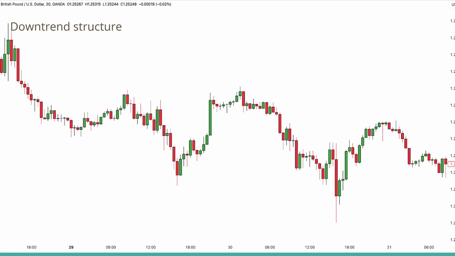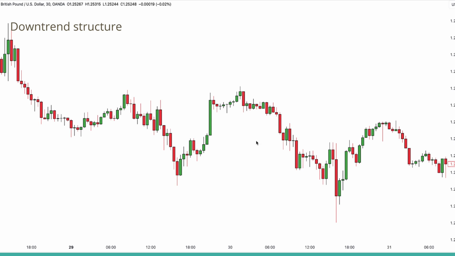Next is the downtrend market. Downtrend market simply shows that price is falling. And so in a downtrend market, we are looking for sells alone. We are looking to sell in a downtrend market. And so we have price coming down, lower lows, lower highs, lower lows, lower highs, lower lows, lower highs. So we have price falling.